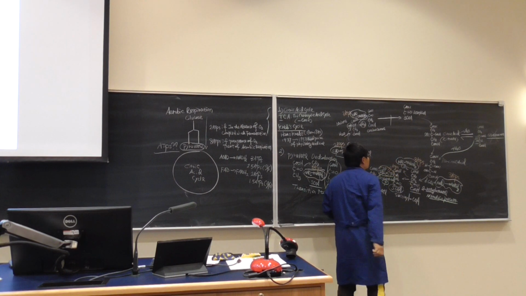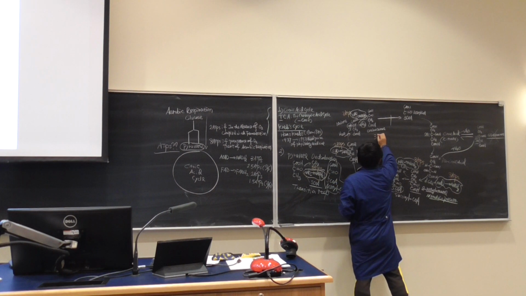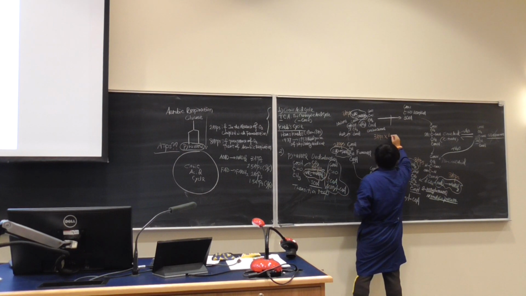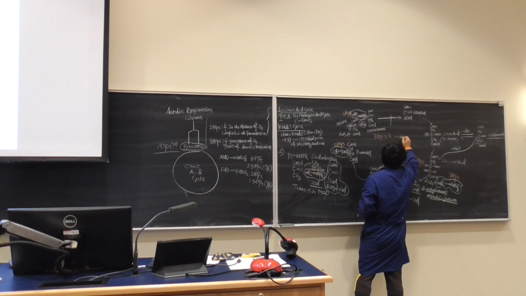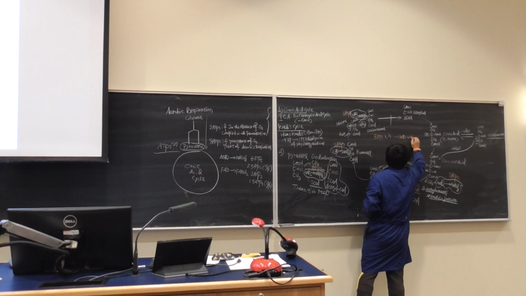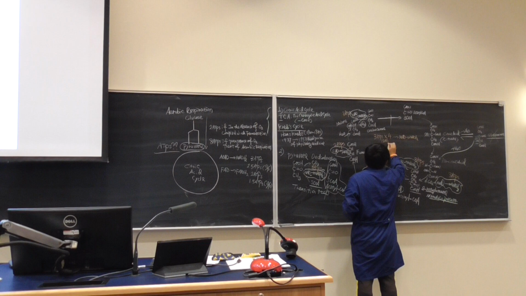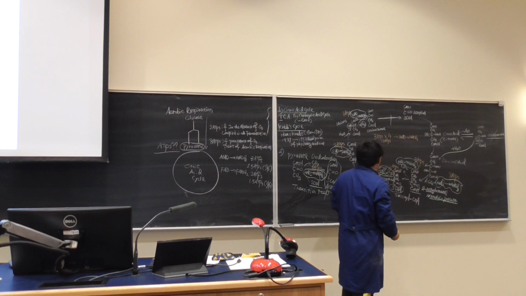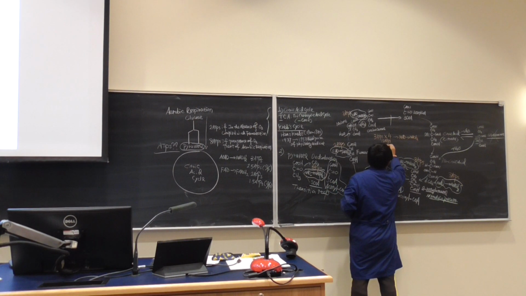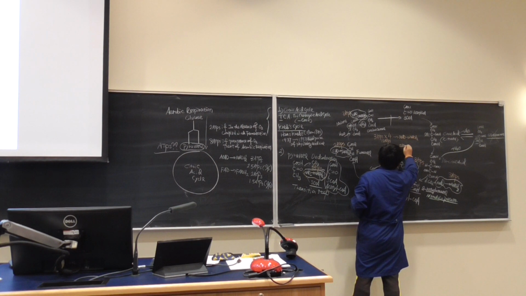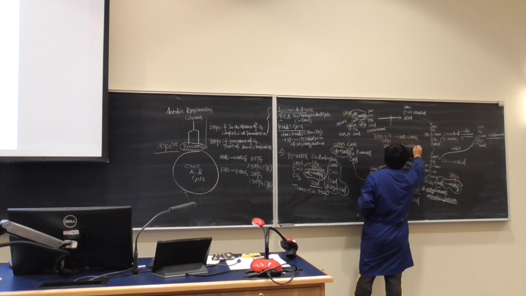So how many ATPs are generated here? It is 3 ATPs multiplied by 4. All of this comes from NAD reduced to NADH2, so that is 12 ATPs. Then you have 2 ATPs, which is coming from FAD reduced to FADH2.